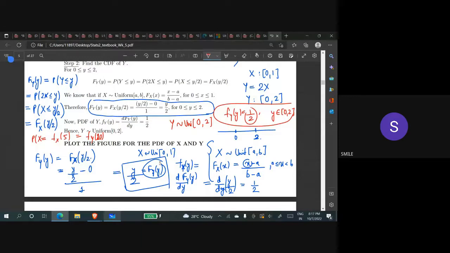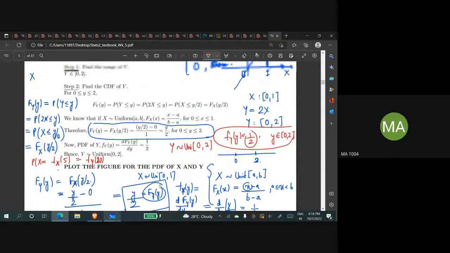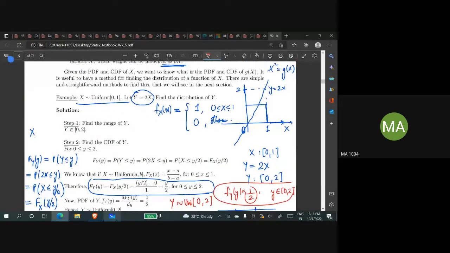Wait, but if you write fx of 5, this is also 0. You had also changed the range for x. You're saying now that x lies between 0 to 5.